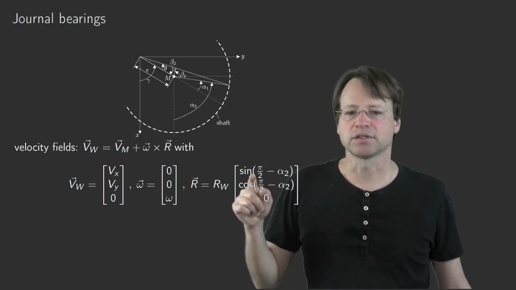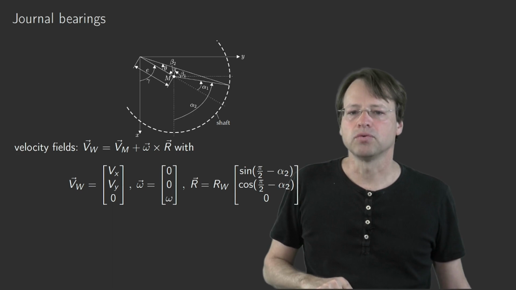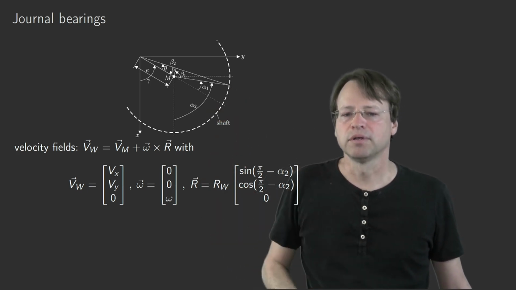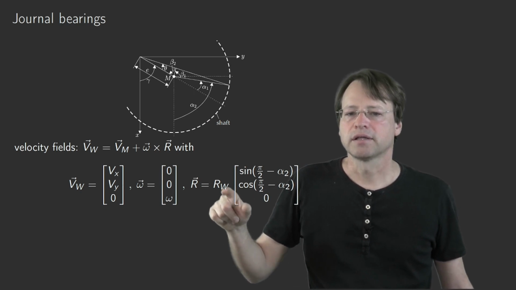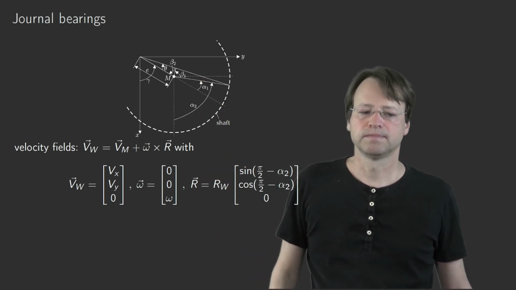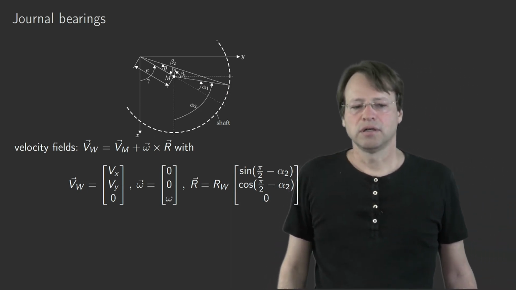And from this we take the sine component and the corresponding cosine component to determine that point. And the length of that vector is then r sub w. Okay. What else do we need?